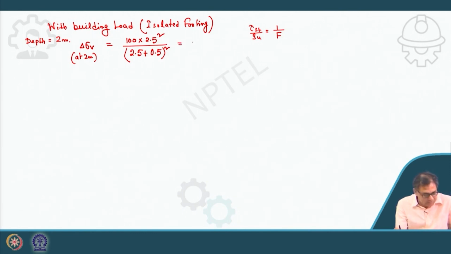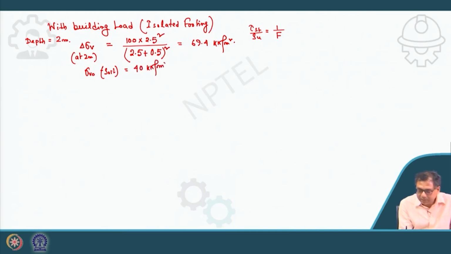So del V here will be 69.4 kilonewton per meter square. Again at 2 meter, sigma V 0 for soil will not change, that will be 40 kilonewton per meter square. Similarly, sigma V dash will be also 20 kilonewton per meter square.